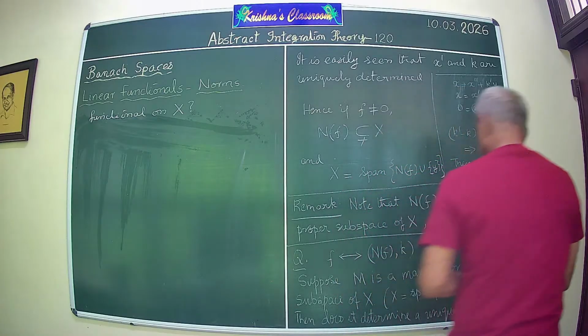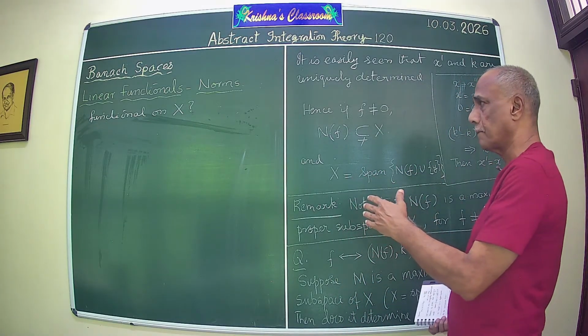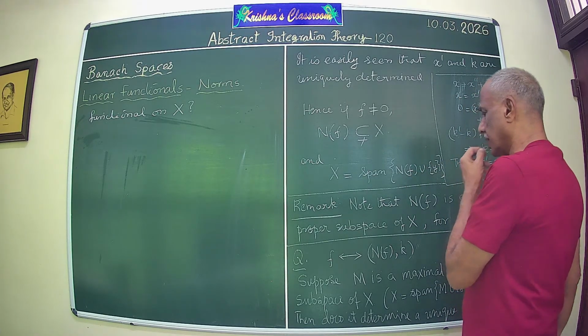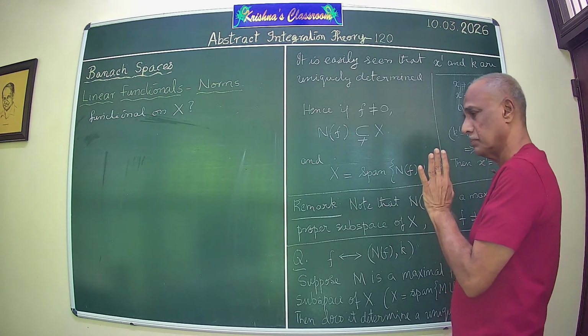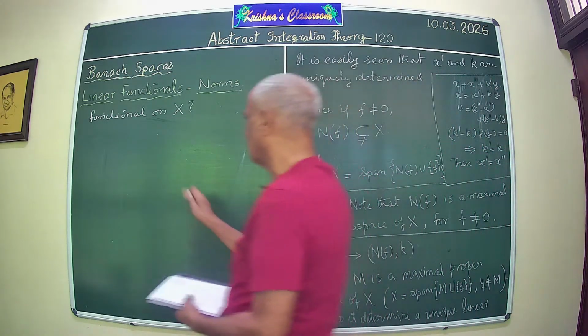Does there exist an f, a linear function on X, f not equal to 0, such that NF is equal to M? Okay, right?